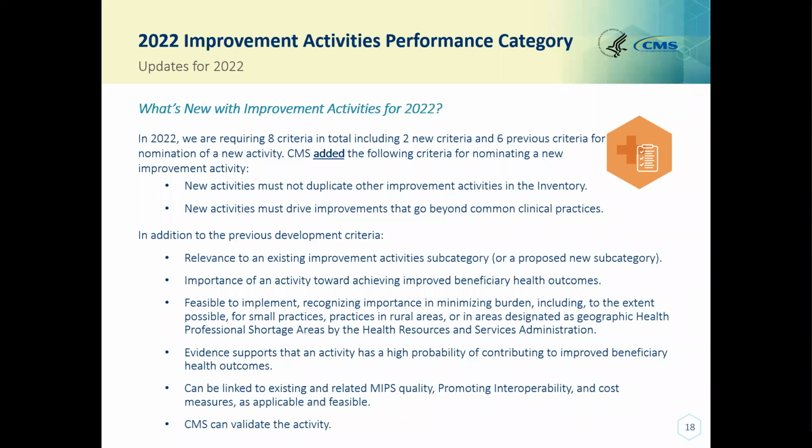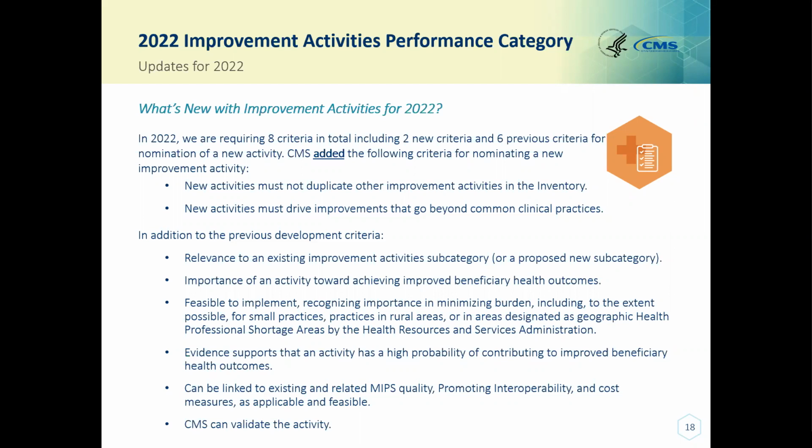But now that we've been in the program for several years and stakeholders are familiar with the process, we believe that we needed to increase the requirement, as one criteria was a very low bar. So now we are going to require 8 criteria in total to be met for submission of a new IA. The new criteria are noted here on this slide.